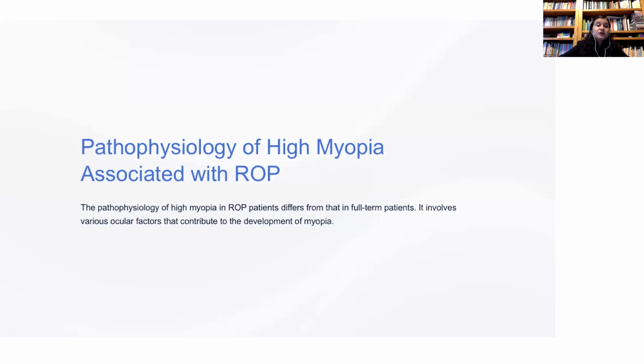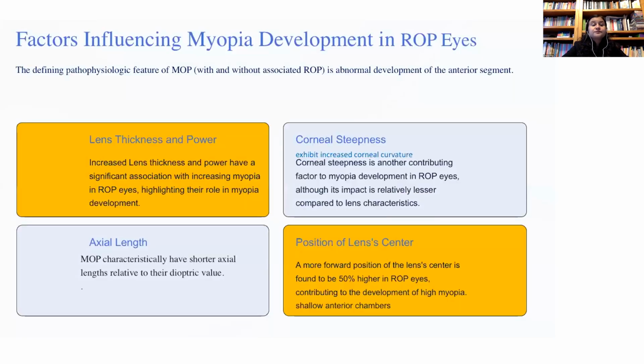What is the pathophysiology of myopia and high myopia associated with ROP? So till now we have seen that myopia of prematurity, whether it is associated with ROP or not, results from abnormal development of the anterior segment. There is increased lens thickness and power with increasing myopia in ROP eyes.